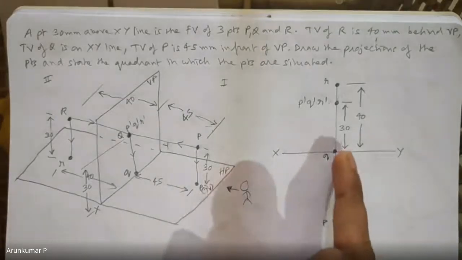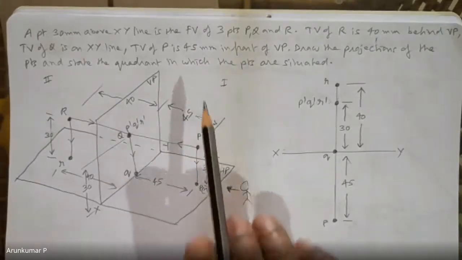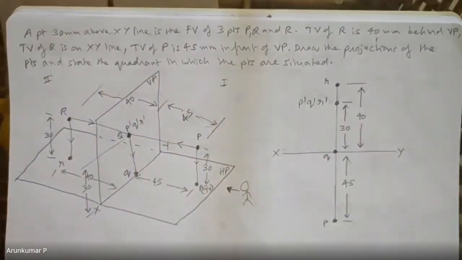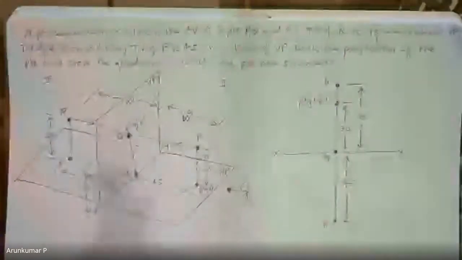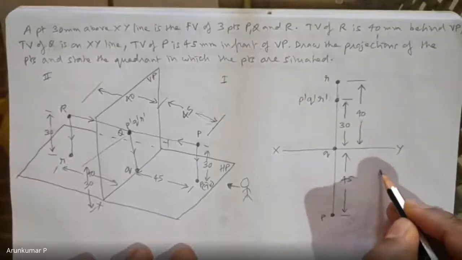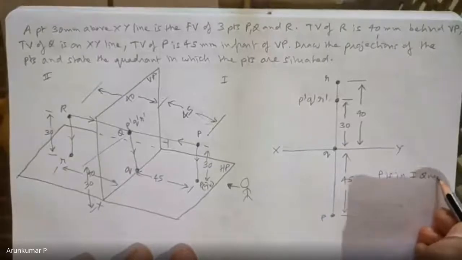If you correlate this 2D with 3D, you will get all the answers. And you can even mention, because it is asked here, state the quadrant in which the points are situated. So it is better that you write very clearly that the point P is in the first quadrant.